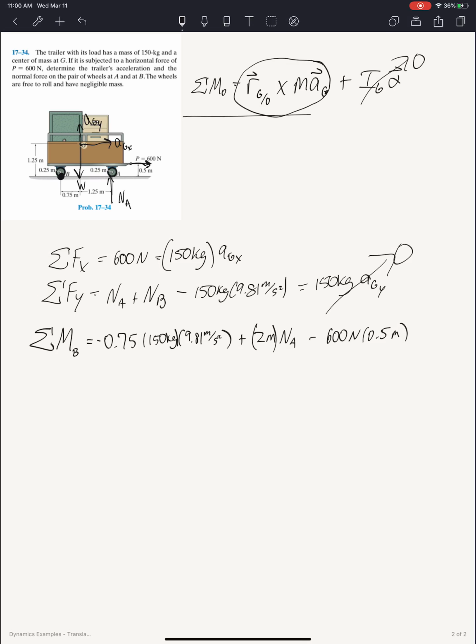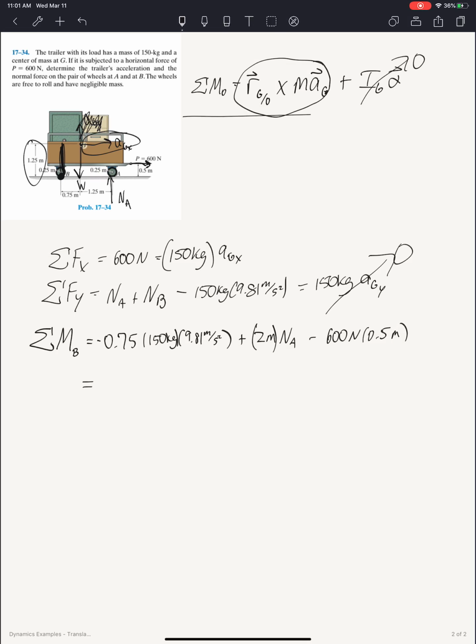And that's equal to, the right side of the equation is this thing I've circled up above. I'm going to go ahead and erase all those circles, but that's equal to r cross ma. I know that it's just accelerating to the right, so I'm going to ignore this AGY. This is just force times distance, and the acceleration is horizontal, so the distance I'm worried about is the vertical distance. What's the vertical distance between B and G?